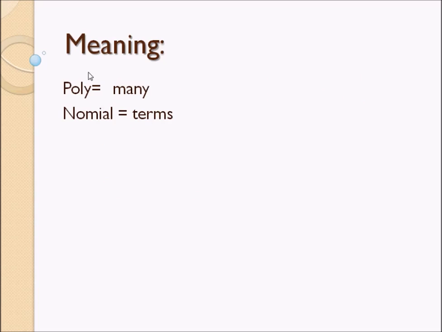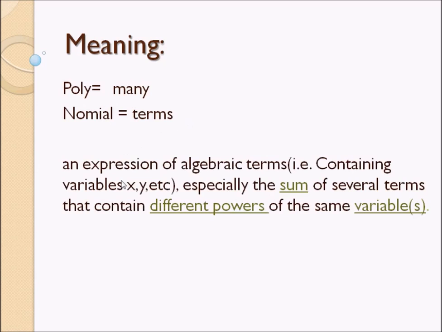The word polynomial consists of two terms, poly and nomial. Poly means many and nomial means terms. Therefore, it is an expression of algebraic terms.